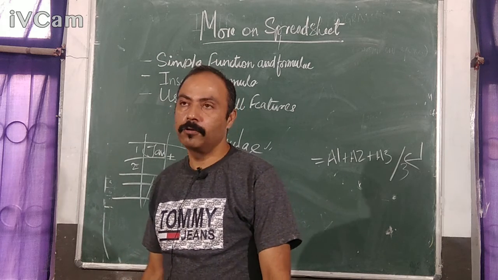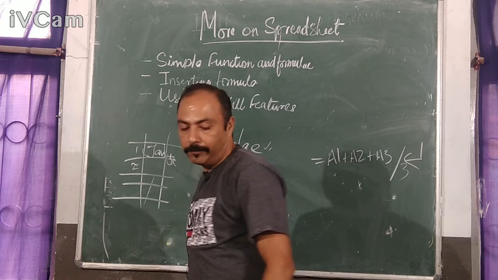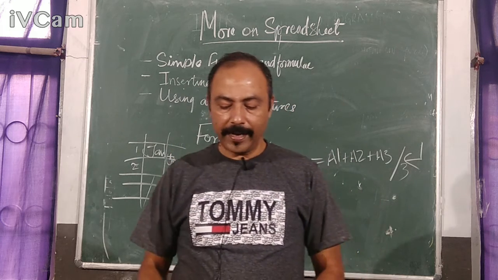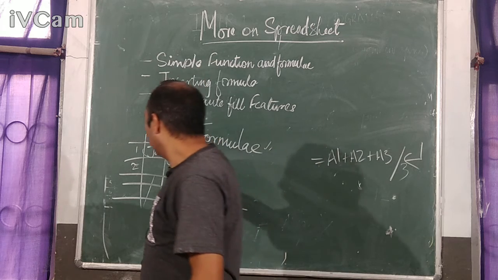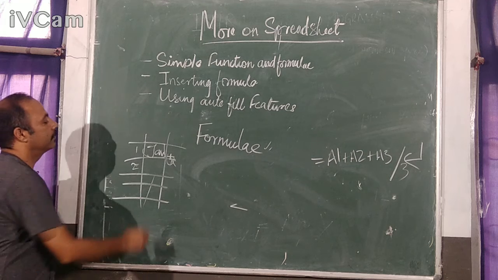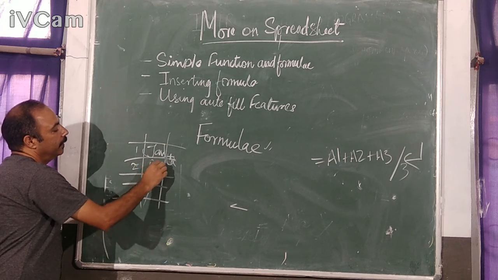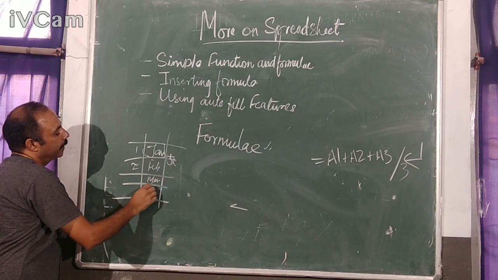Hold down the left mouse button and drag the fill handle. When you drag the fill handle, the names of the months will be typed automatically. So if you have written January, it will give February, March, April, and so on.